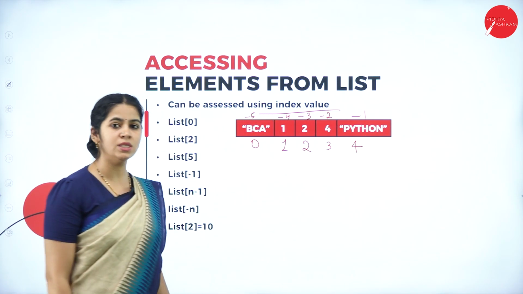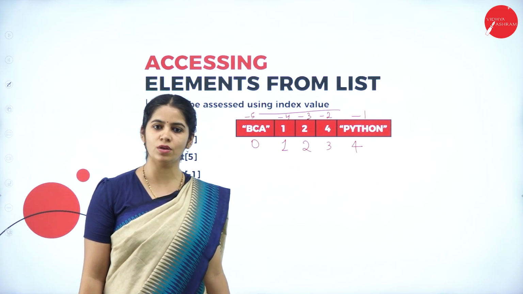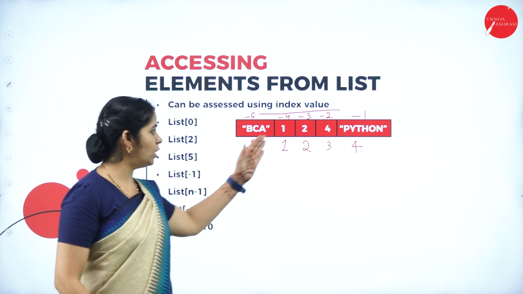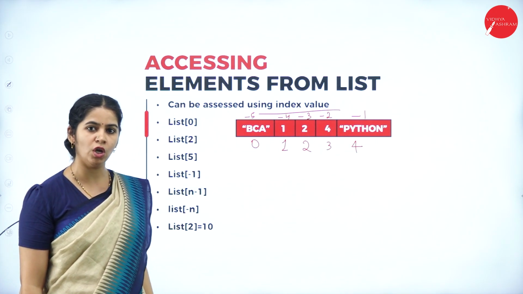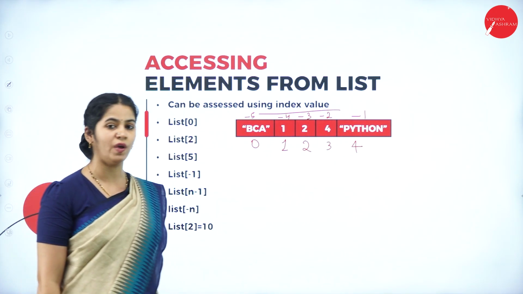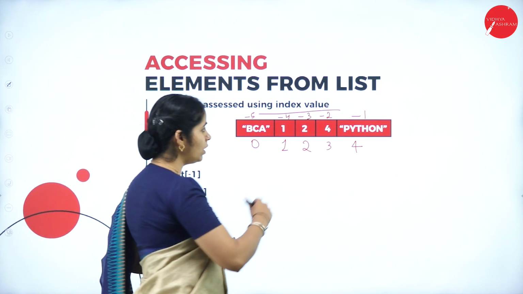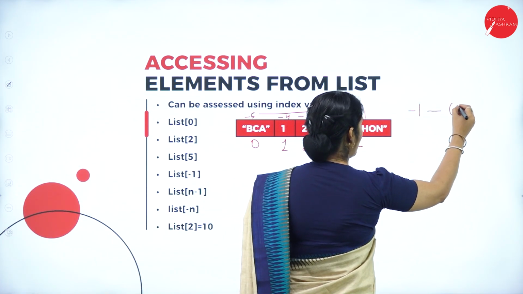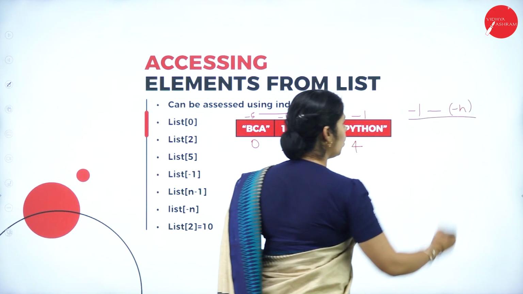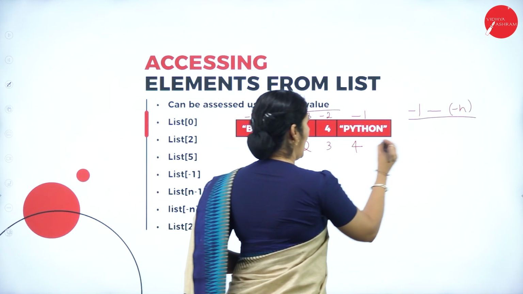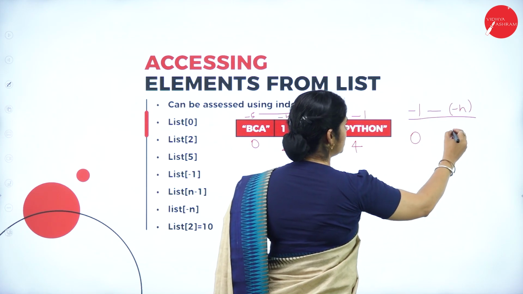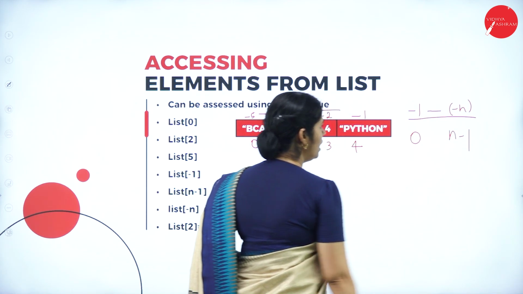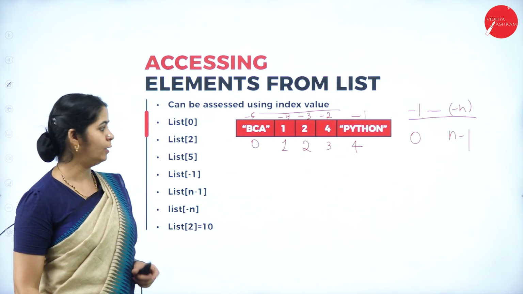So how many elements is the list consisting of? The list consists of 5 elements, from 0 to 4 index as positive indexing, and from -1 to -5 as negative indexing. That's what I said. With negative indexing it will start with -1 and end at -n, and with positive indexing it starts with 0 and goes till the n minus 1th value.